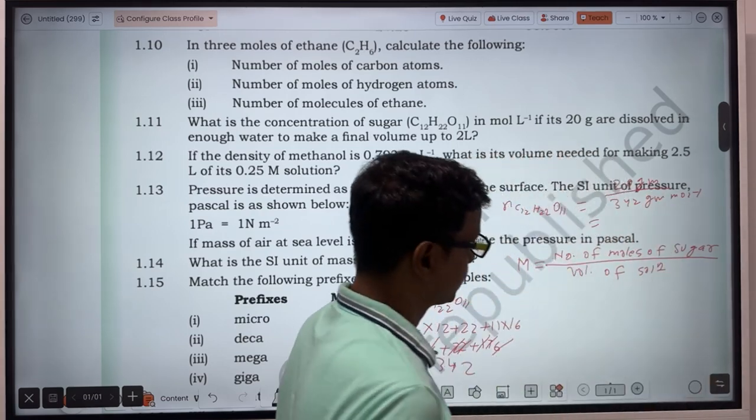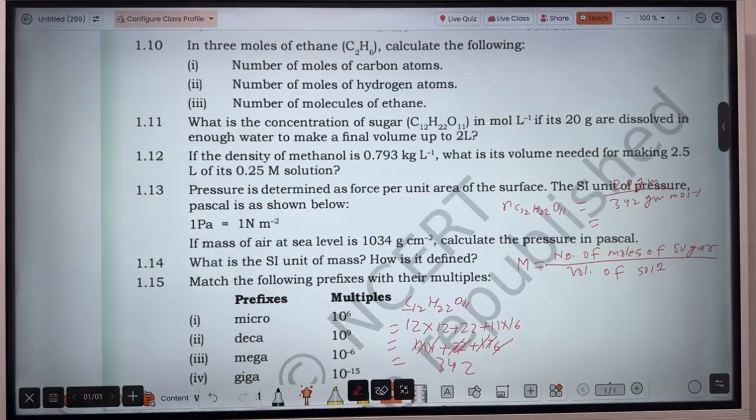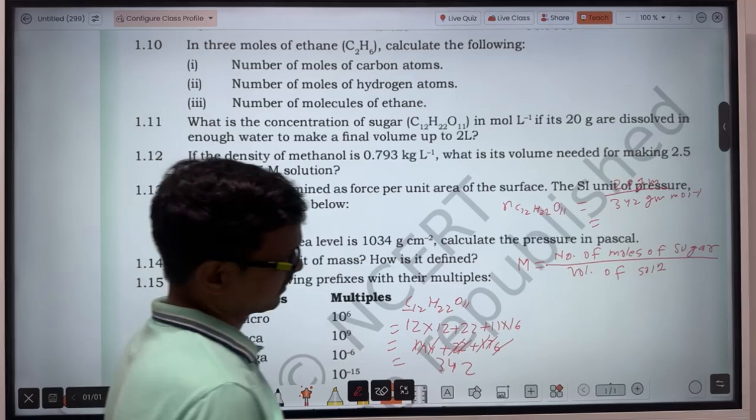So that will be equal to 20 divided by 342. Let's calculate. 0.059, 0.058.